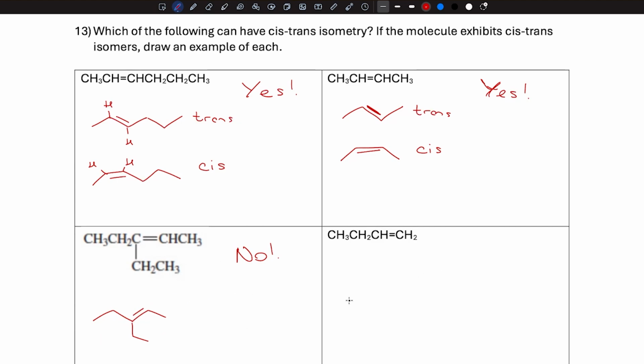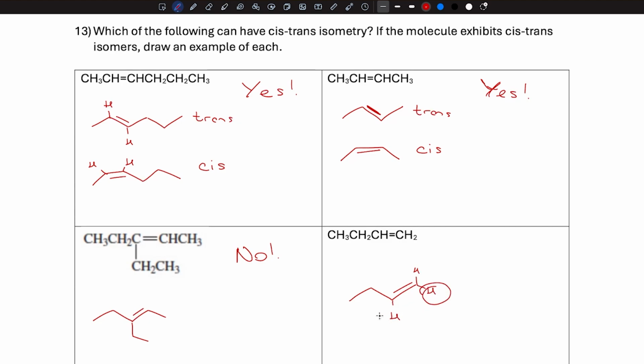In the next structure, we have 4 carbons with a double bond all the way in the end. And now notice that we have these hydrogens hanging off here. We have 1 hydrogen coming off here. And now notice that we have these hydrogens that are opposite to each other. And so you'd be tempted to say that we have cis or trans isomerism. The problem is that, well, we have 2 groups on the same side.